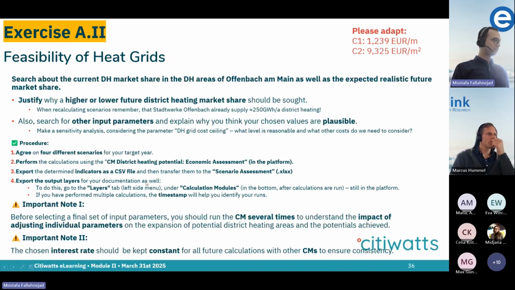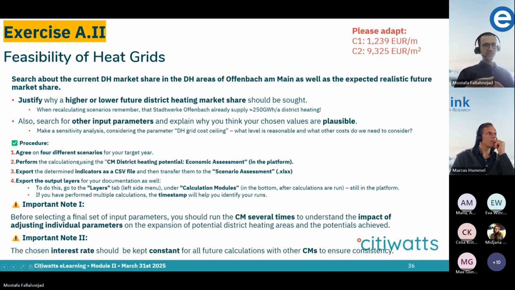Also search for other output parameters and explain why you think your chosen values are plausible. Make a sensitivity analysis. We had these 18 different CM runs. You can provide them into the scenario assessment file and compare the final results. The procedure is similar to the demo that I had.